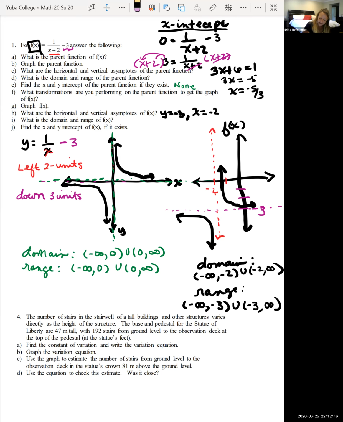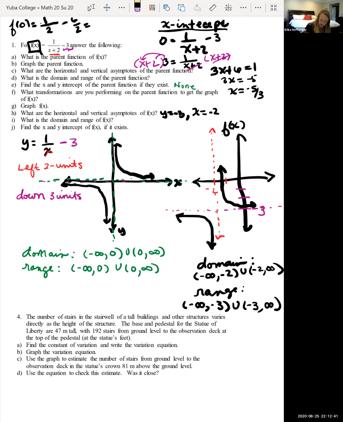y is actually easier. We're going to let x equal 0. So if we look at f of 0, this is 1 over 0 plus 2 in the denominator, or 2, minus 3. I need a common denominator, so I'm going to just write minus 3 as negative 6/2.